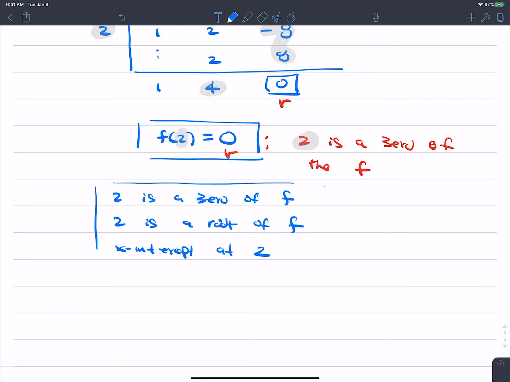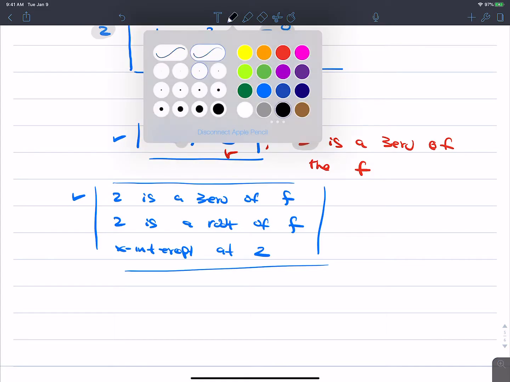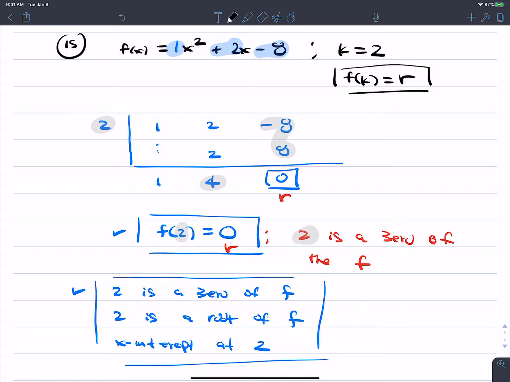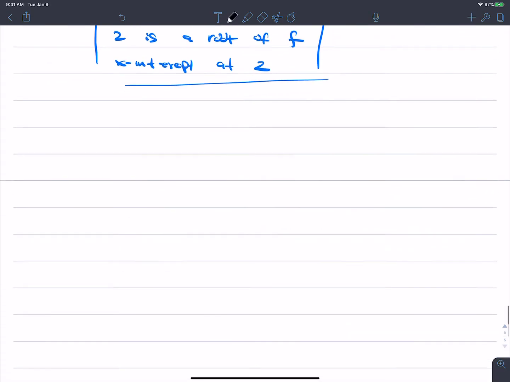So this is our conclusion here. But the answer to the question is what you're notating in this situation, and that's pretty much what they're asking you, but we gave you extra information to use in the future. And that's how we use synthetic division to answer all these questions here.